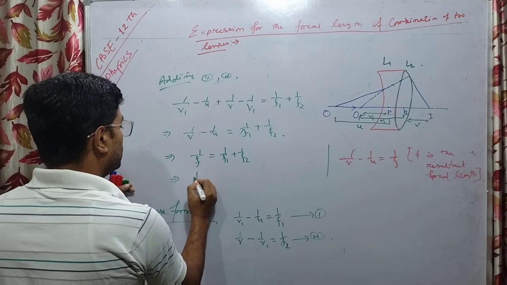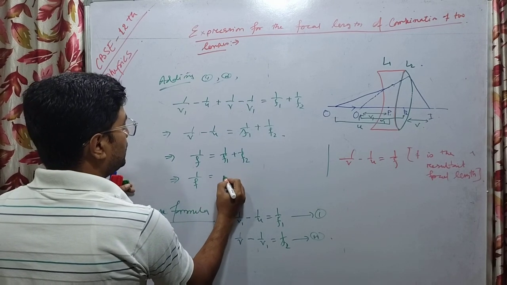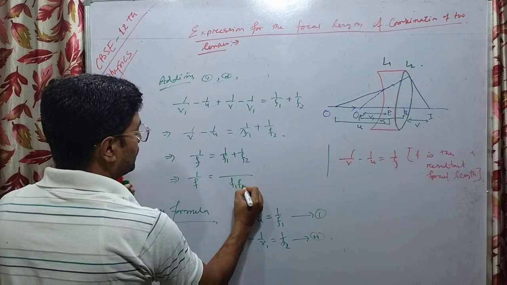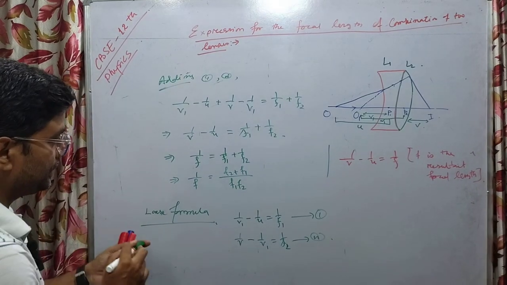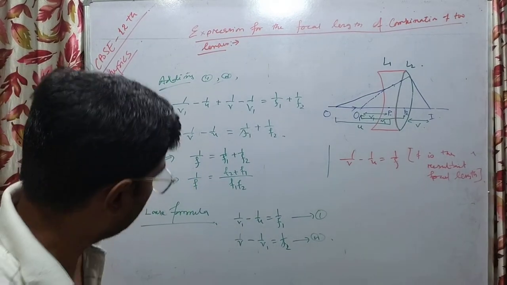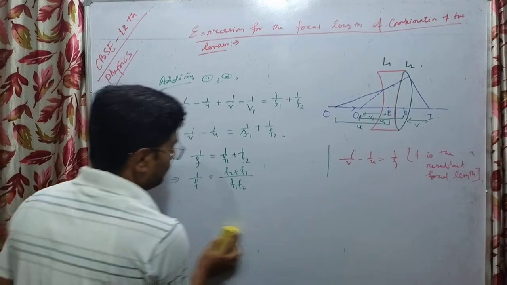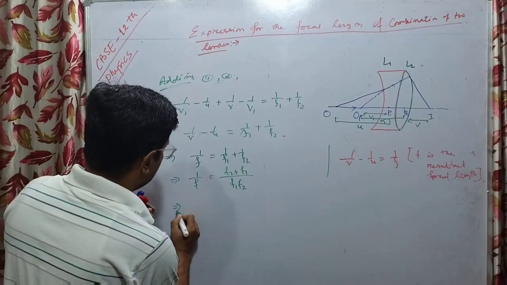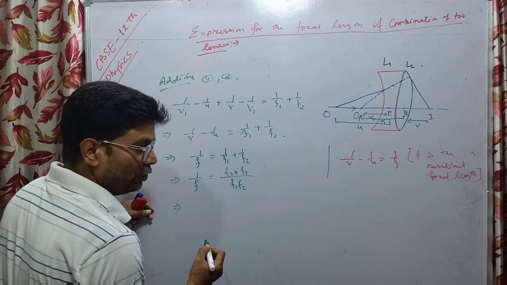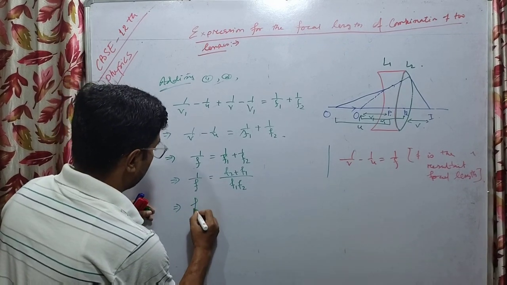By calculation, I will have F1 plus F2 over F1 F2. It is simple mathematics. Now, to obtain the value of F, I will take the reciprocal.